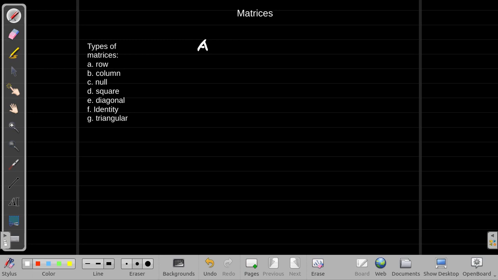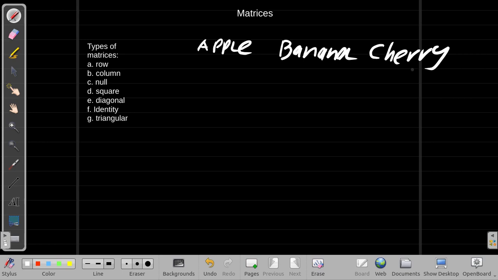So you have apple, you want to sell apple, banana, and cherry. Alright, so you have those 3 things and you plan to sell them. Good. Now you have 3 categories of them, or 3 classes.